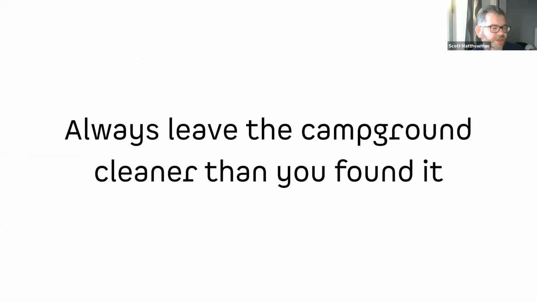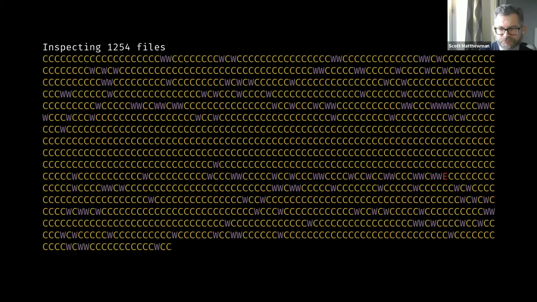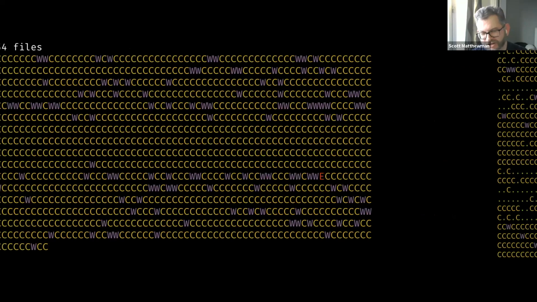And that helps us with the Boy Scout principle of always leaving the campground cleaner than you found it. And going back to this repo, obviously this is the state it was in when RuboCop was installed but not really used. And within a year, it had actually started to get a lot cleaner.